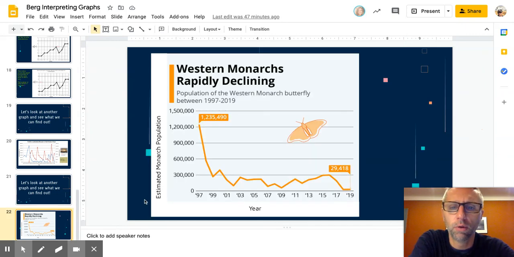Really, let's look at one more graph. In this graph, we have a title on the top. Again, we're looking at the independent variable and the dependent variable, and then we'll go through and look at our data. Be careful that you know what type of graph you should be using.